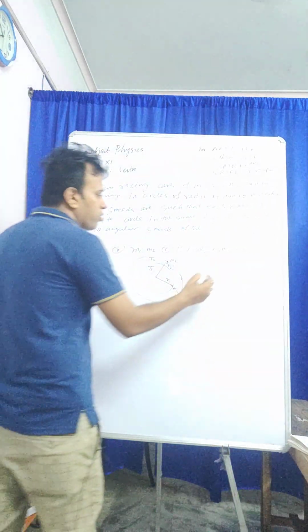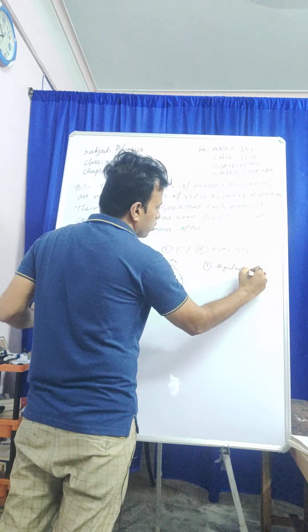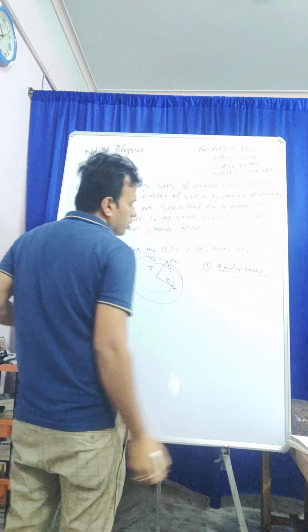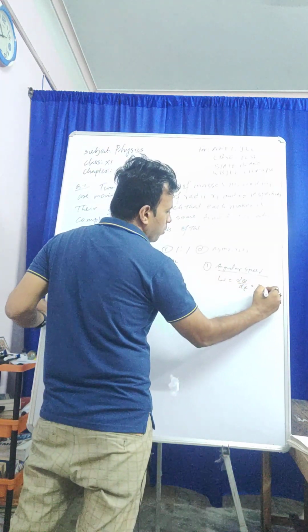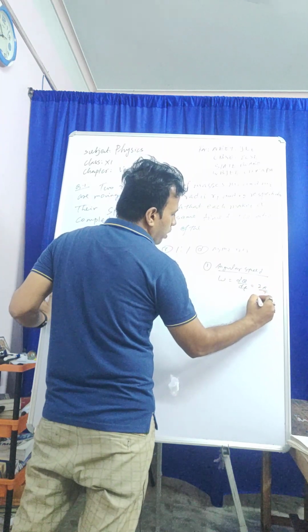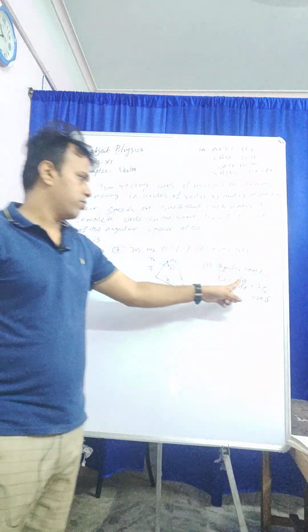Here we have a formula for angular speed. Omega equals d theta by dt, and we can say 2 pi by t, or 2 pi nu. Omega we can also write as v by r.